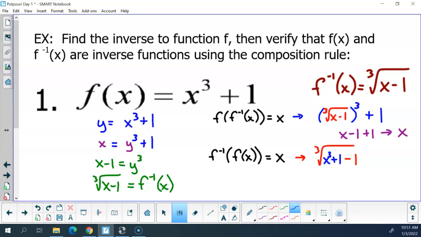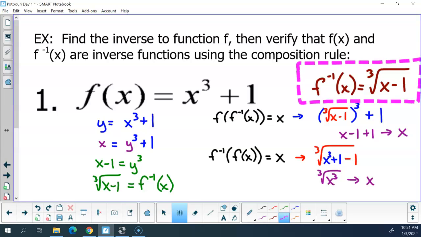So x cubed plus 1 minus 1 is just x cubed, right? And what's the cube root of x cubed? So this is truly my inverse.